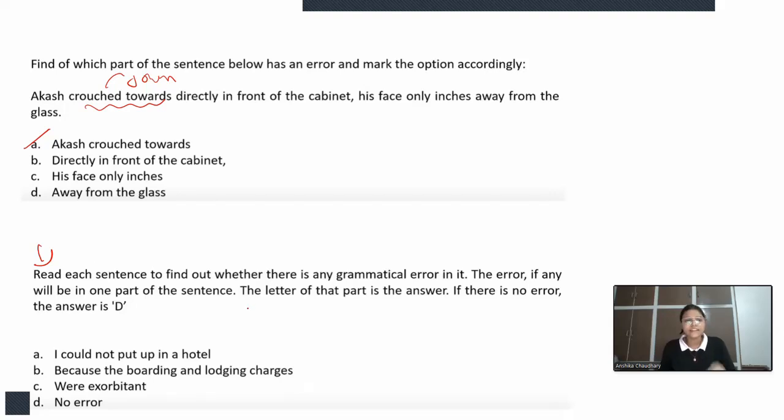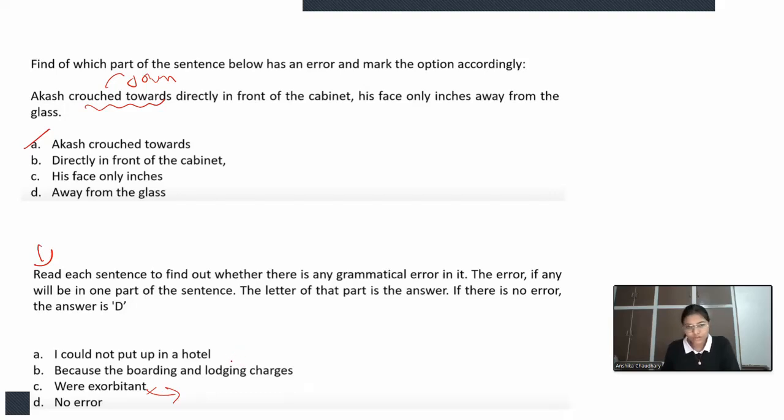Moving next, here a particular sentence is divided into multiple parts, and we have to tell in which part the error lies, right? "I could not put up in a hotel because the boarding and lodging charges were exorbitant." If you don't know the meaning of exorbitant, it is expensive, like costly, right? Pause the video and guess the answer.